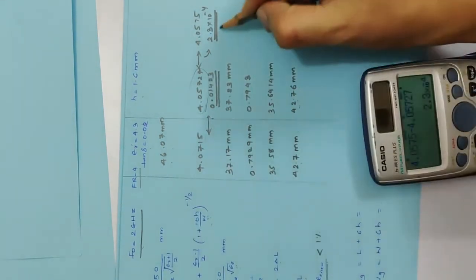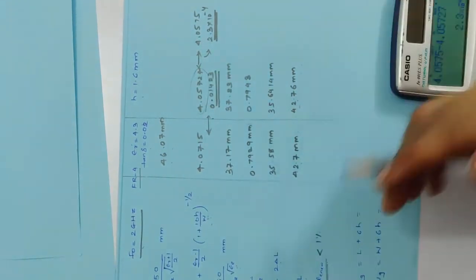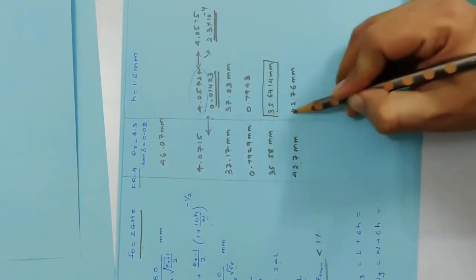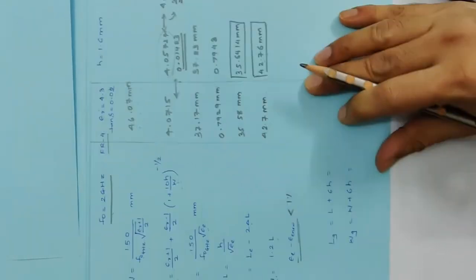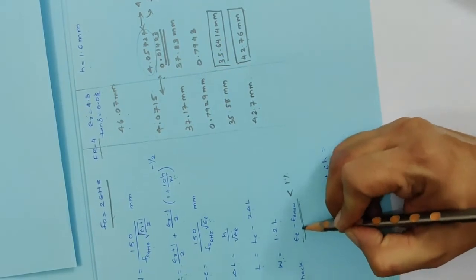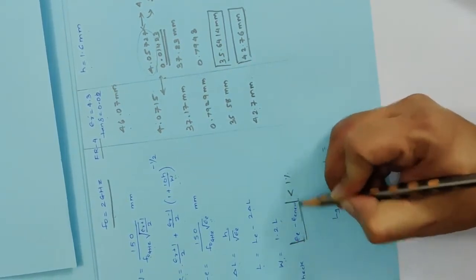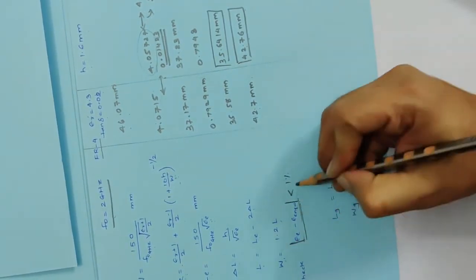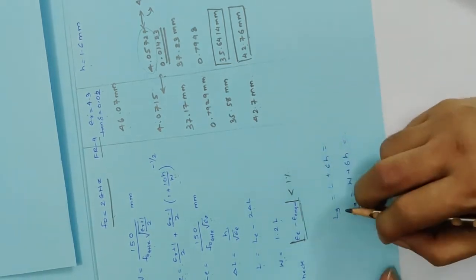So we can stop our iteration, and the values of L and W are noted over here. See here, the difference between the mod of epsilon effective and epsilon effective new should be less than 1%.